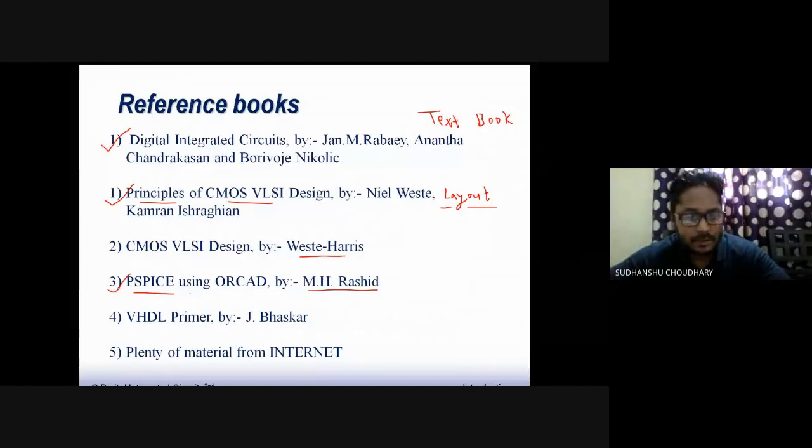And for VHDL or Verilog, you may refer to this book by J. Bhasker, VHDL Primer. You can also download tutorials, and there are many ebooks available on the web for learning VHDL too. Maybe I'll share some material with you on VHDL and PSpice.